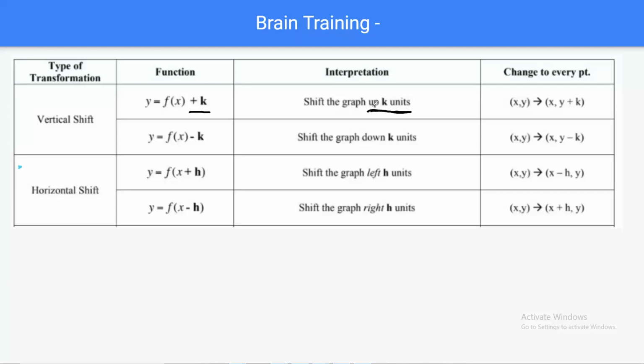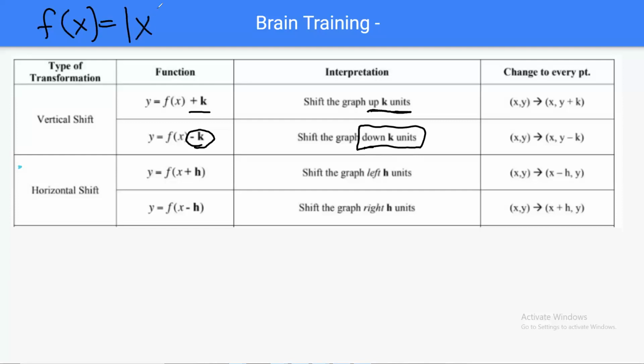If you see a plus, then you're just moving it up. If you see a minus, you're just moving it down k units, whatever that number is. All right, graphically.